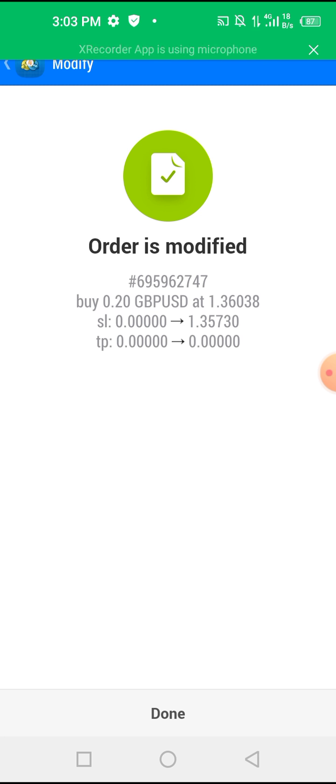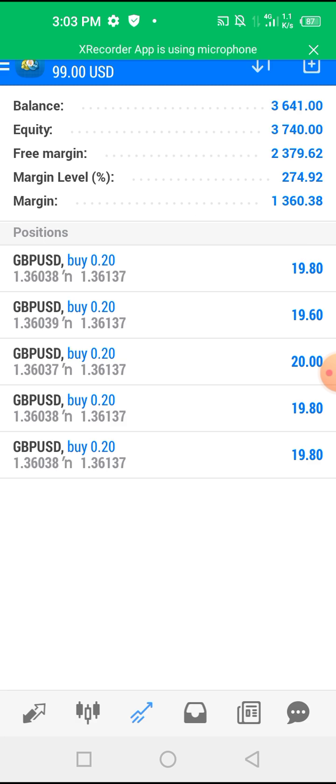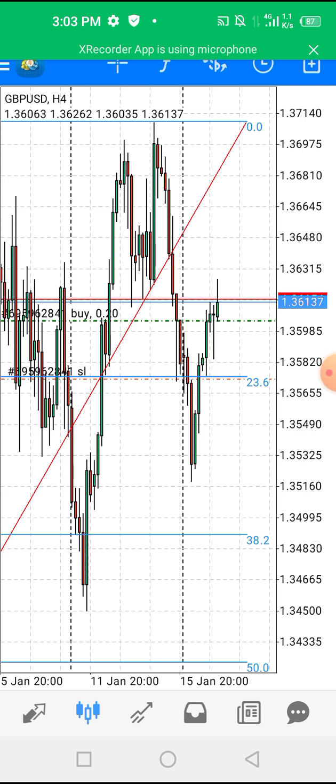Now you can see I just set my stop loss. You've gotten the concept of stop loss from what I just said right now.